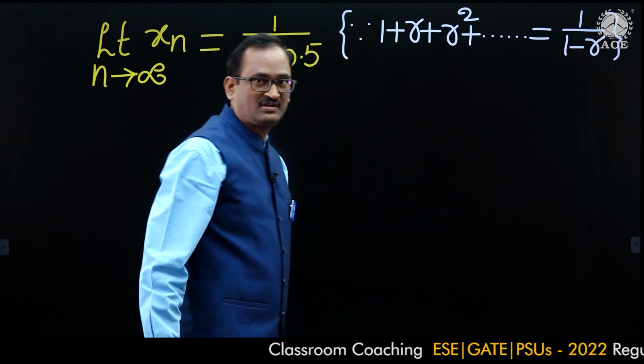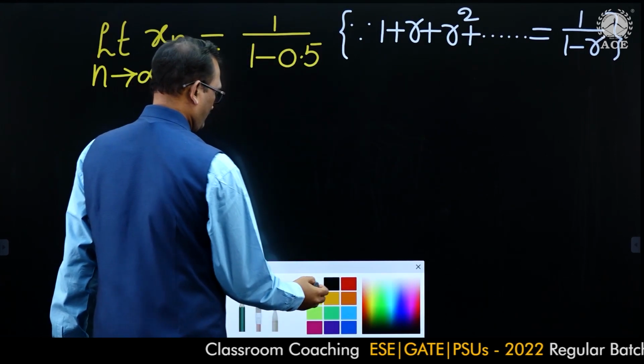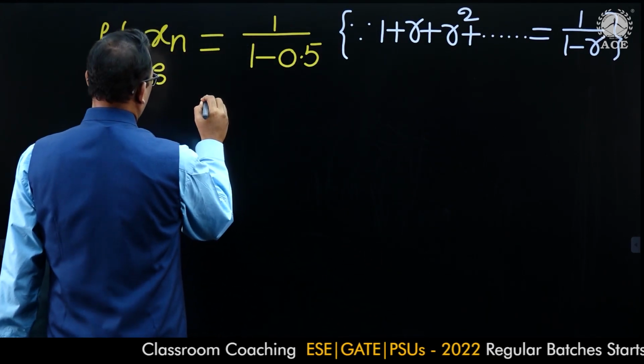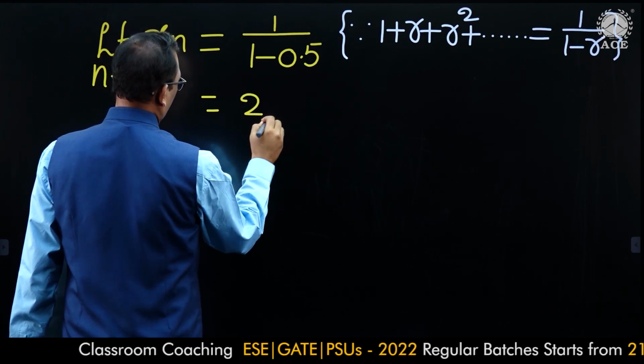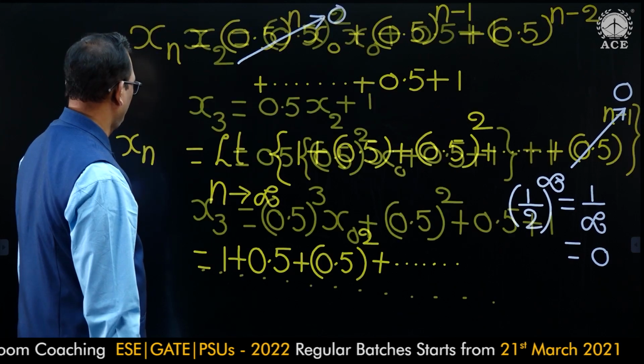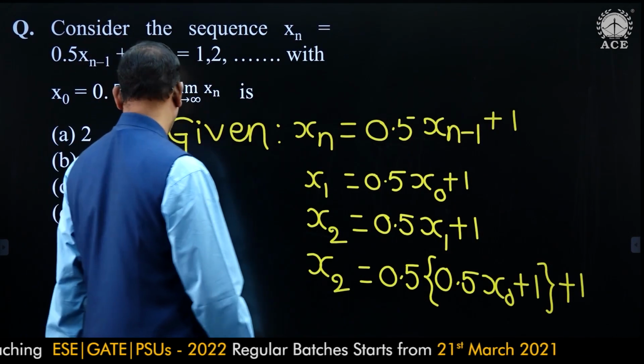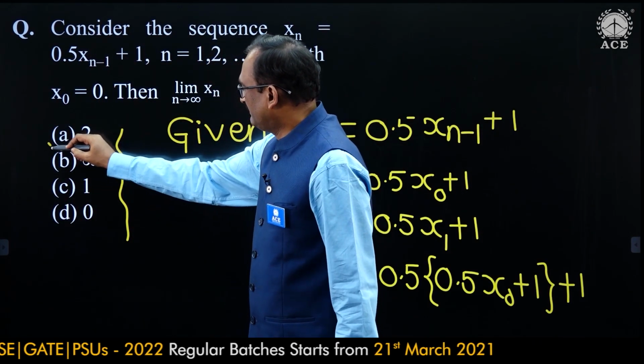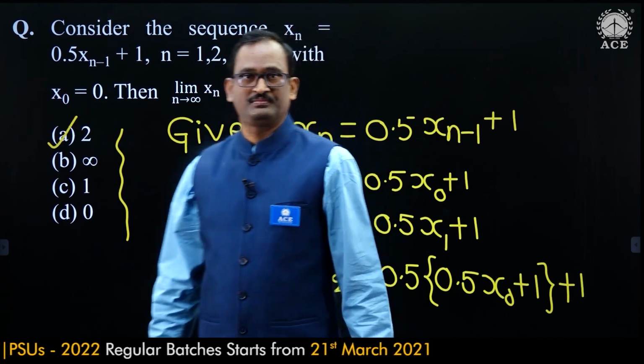By using this formula, the limit of xn as n tends to infinity, the answer is 2. So option A will be the right answer.